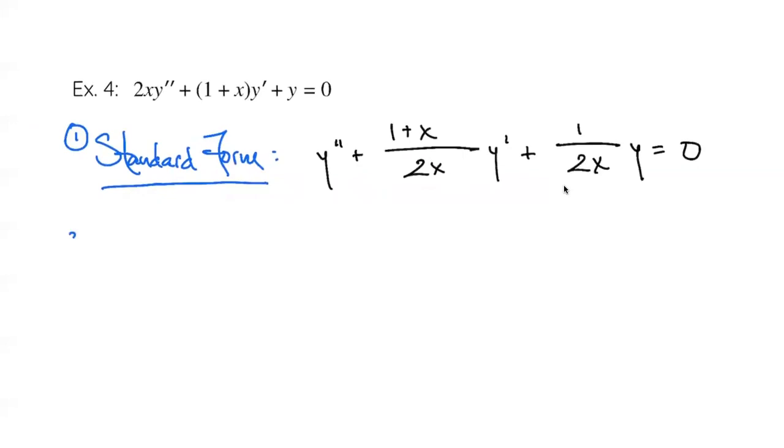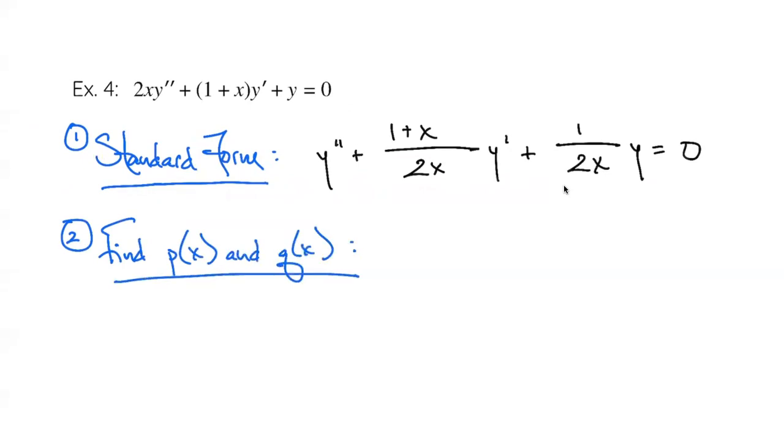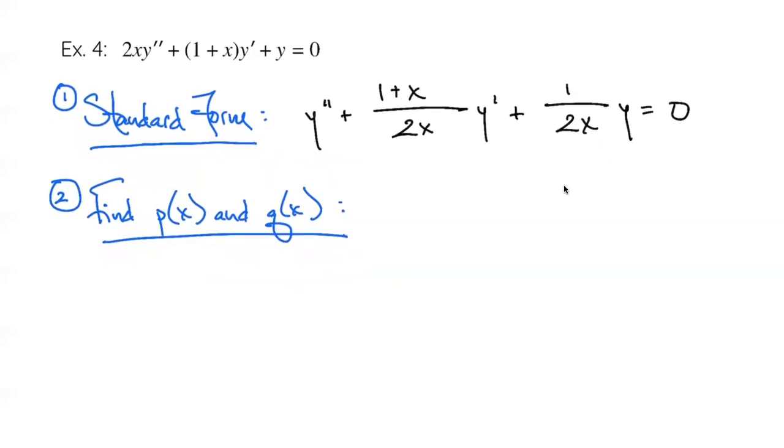The next thing we're going to do is find our little p of x and little q of x, right? Little p of x is going to be x times my capital P of x, so 1 plus x over 2x.